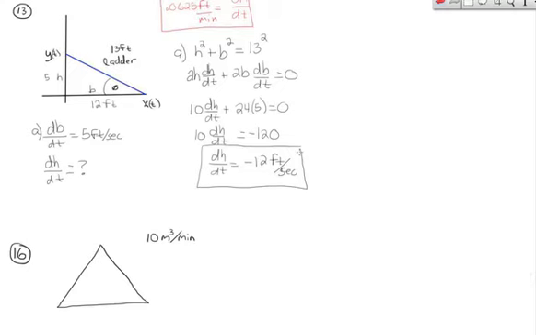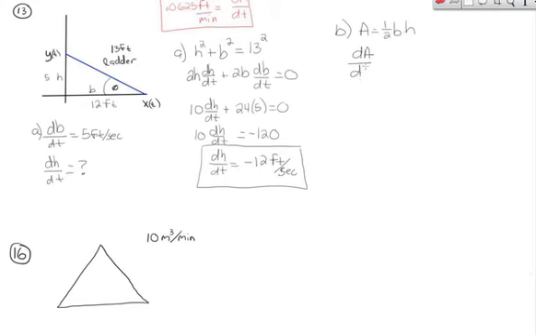So part B wants me to take a look at it again, and it says at what rate is the area changing? So part B, we have area equals 1/2 base times height. Both base and height are in motion, so both need to stay as variables.